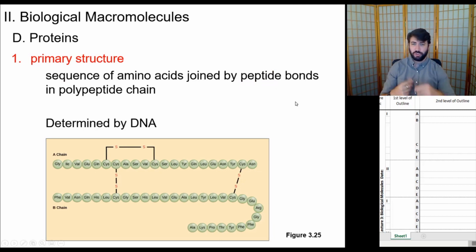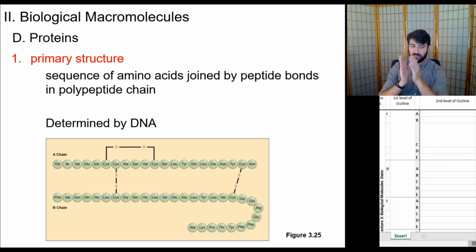So we talk about the hierarchy of protein structure, calling it primary or secondary or tertiary or quaternary. In other words, there are 4 levels of structure that occur. The first one, primary structure, is basically what we already talked about.